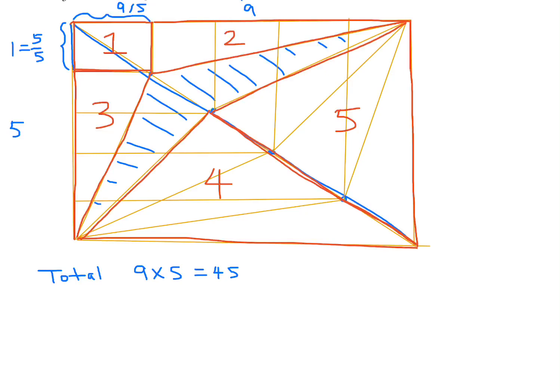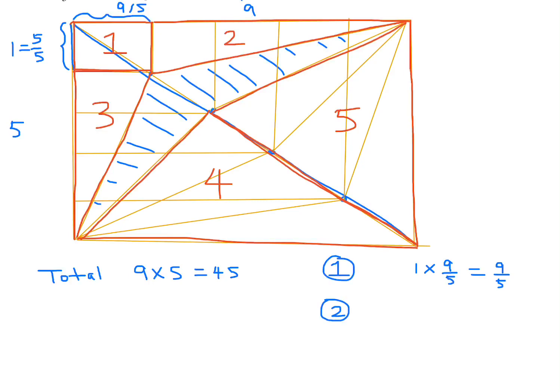All right? So this 1, the area of 1, because it's a rectangle, is just 1 times 9 over 5, which is 9 over 5. All right? So that's part 1.